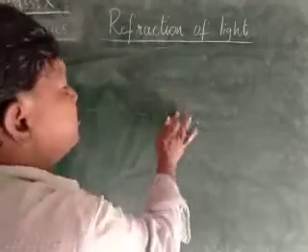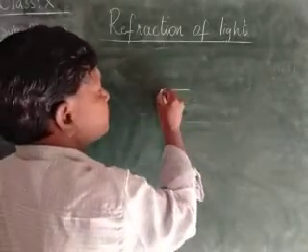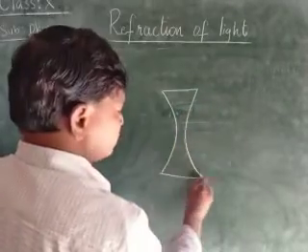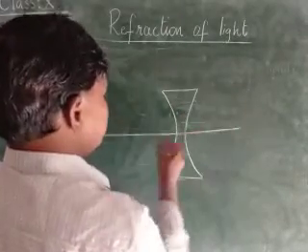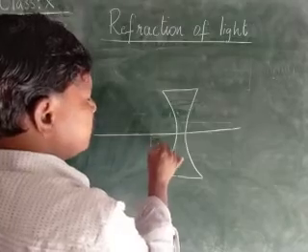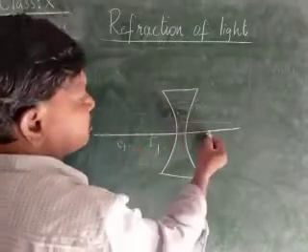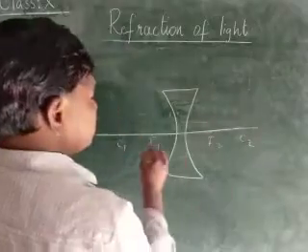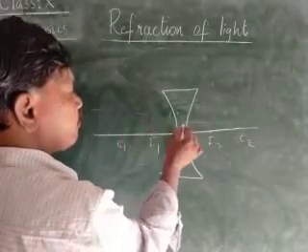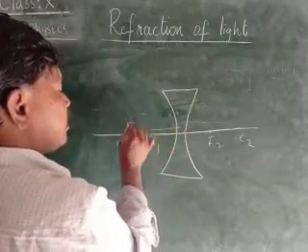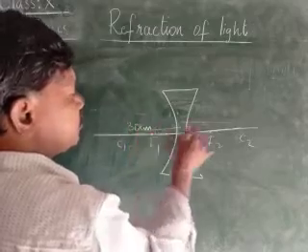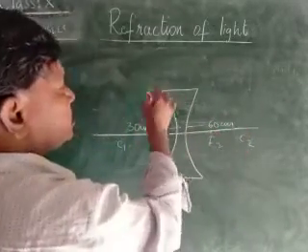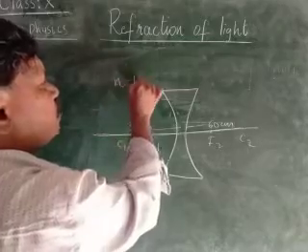Here we are taking a double concave lens. For the concave lens, we take F1 this side, C1, here F2, C2. Here the radii are given as 30 centimeter this side and 60 centimeter this side. The refractive index is given, n is equal to 1.5.